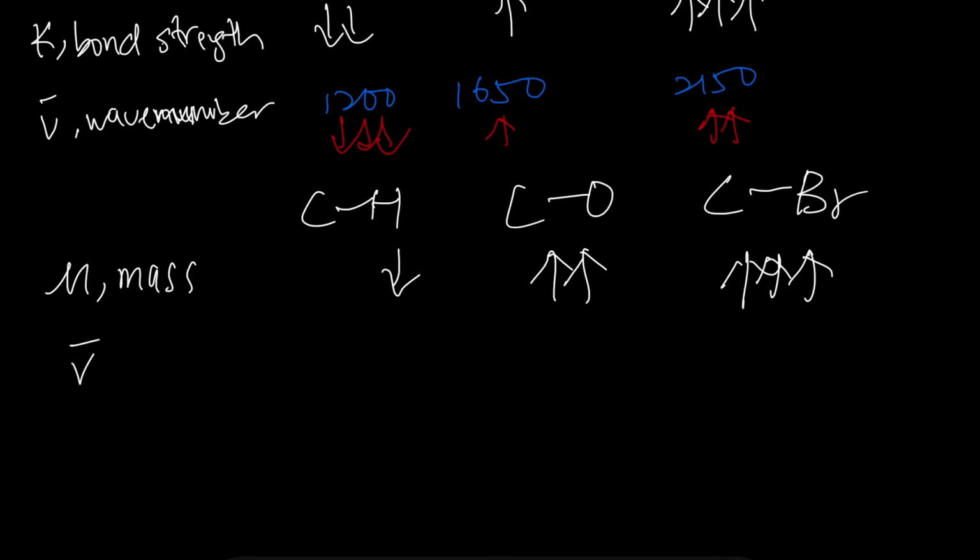We have just seen that the relationship between mass and wave number is inversely proportional. So the C-H bond has the highest wave number, followed by C-O, and the carbon-bromine bond has the lowest wave number. Maybe I show you the numbers, it's easier for you to relate.